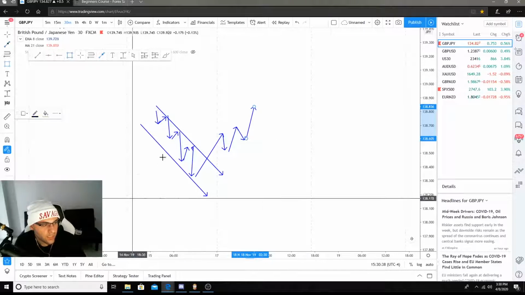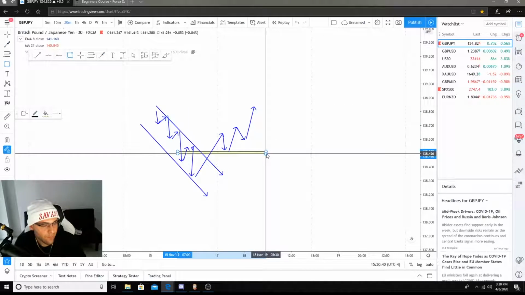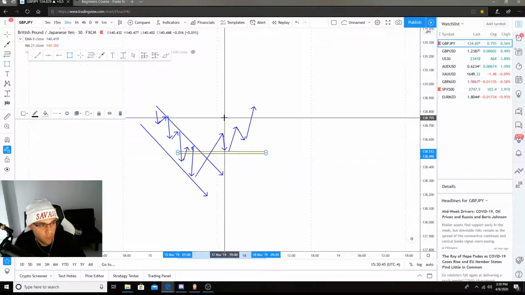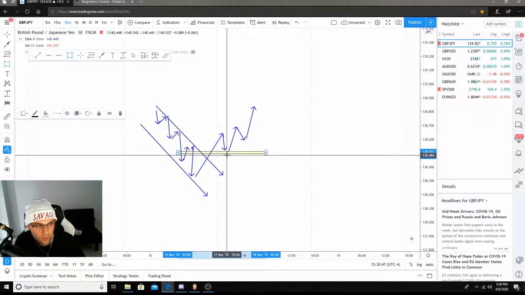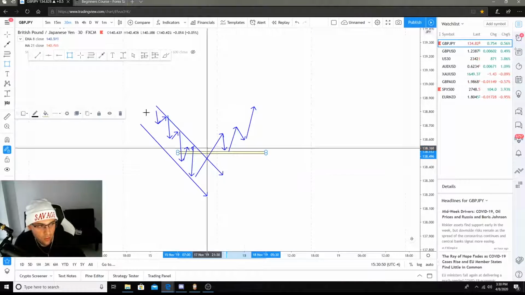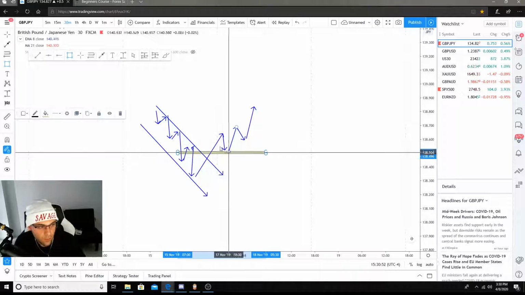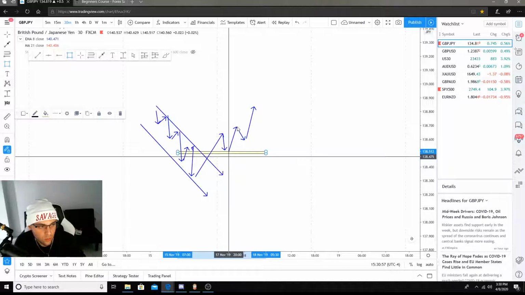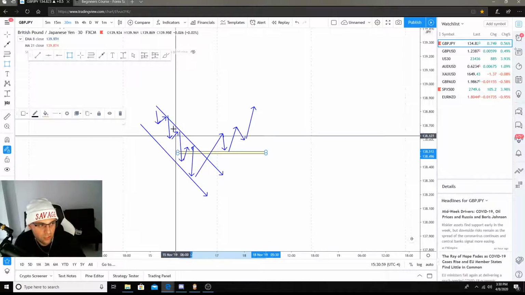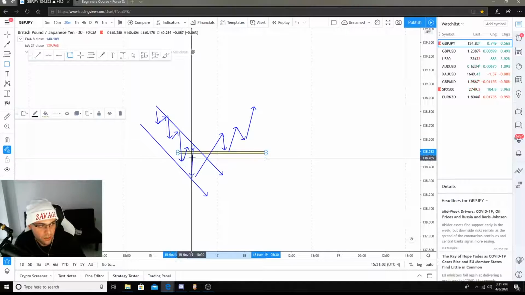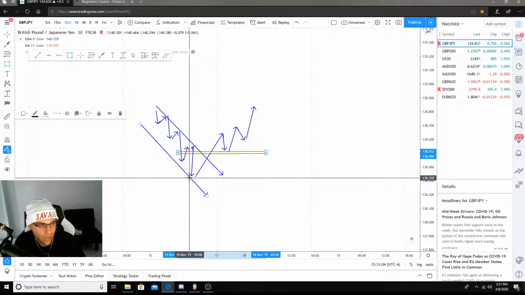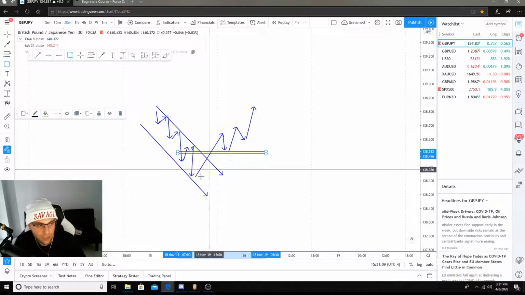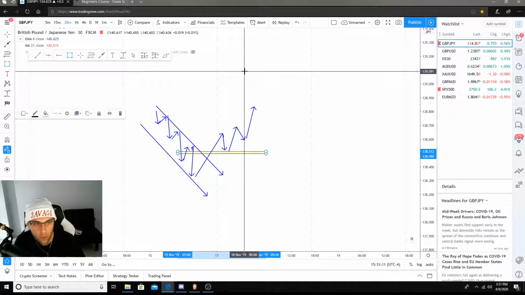So when it comes to that, we always got to find a little level of support right here, which is previous resistance broken above, to create a form of support after breaking our channel, with our trend lines in confluence with our support and resistance, to find out whether we're going to go to the upside or the downside or just plain old follow the trend. You know what I'm saying? So as you guys can see here, this is a little setup that you will see all the time. And 90% of the time, the second we break it, we come retest and keep going up.